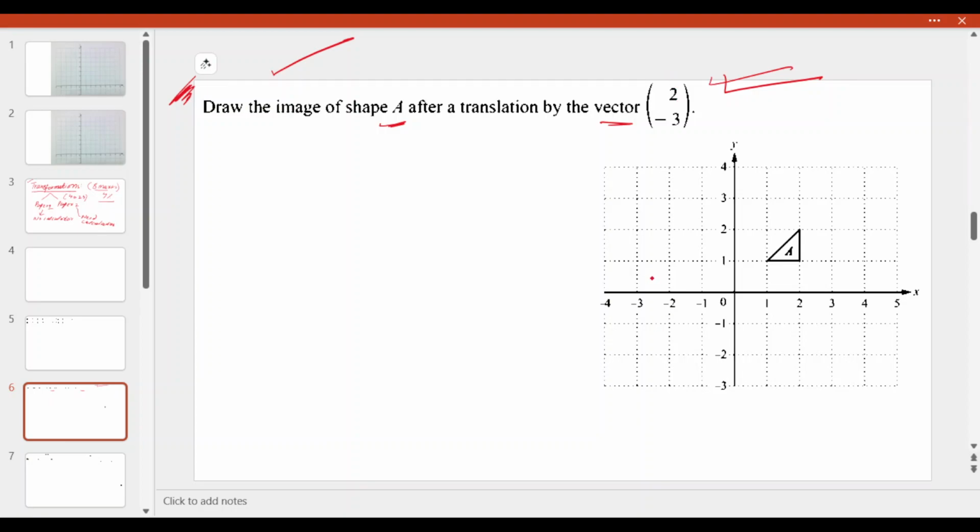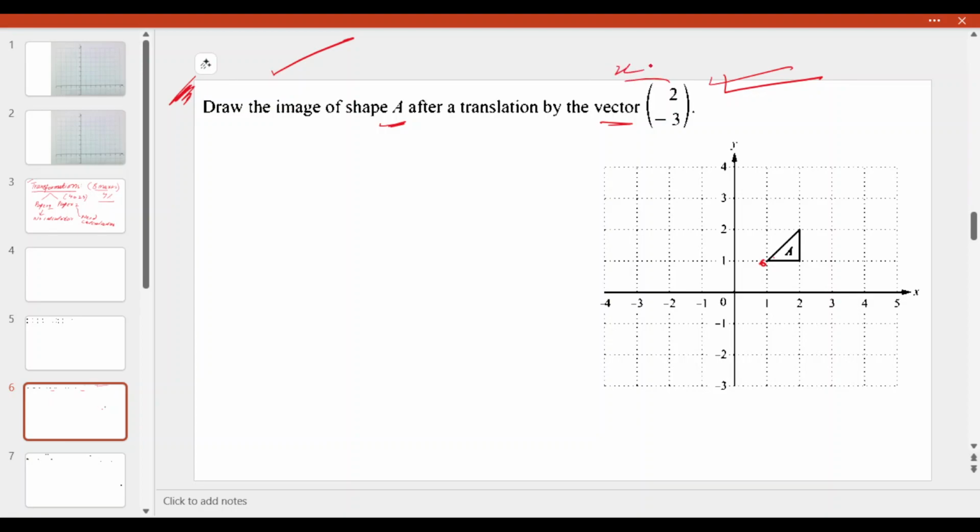Yes, so here is the shape A, and shape A has coordinate 1 1. Let's say this point has coordinates 1 1, and we have to translate this by vector 2 minus 3.